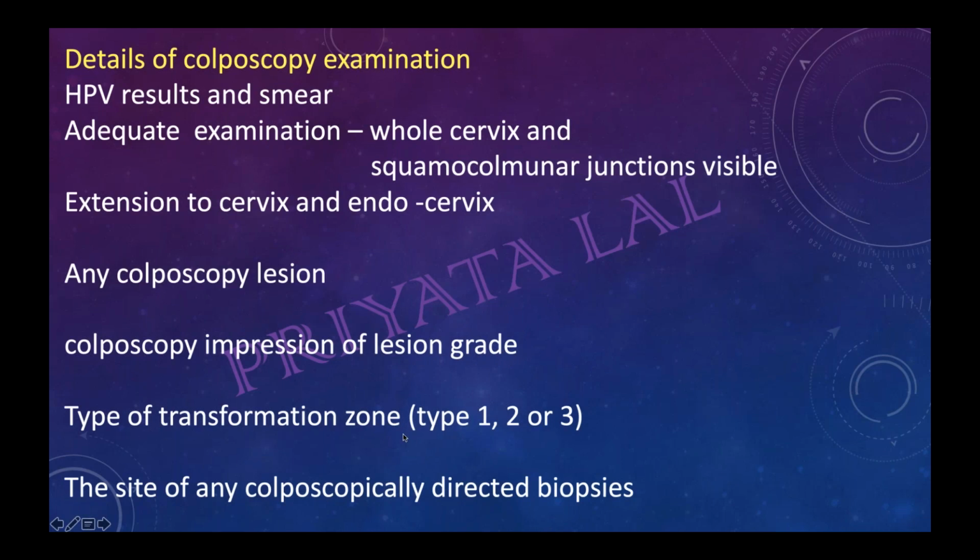Also what type of transformation zone the patient has, type 1, 2 or 3, and whether any colposcopy directed biopsy has been taken. So these are just a summary. Whenever they make a colposcopy report, they will include all these things in their reports.